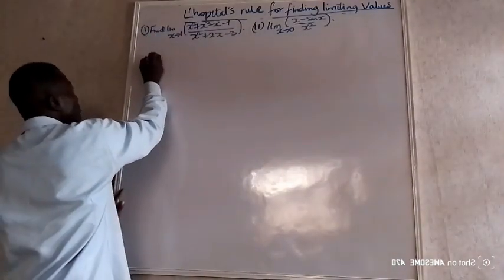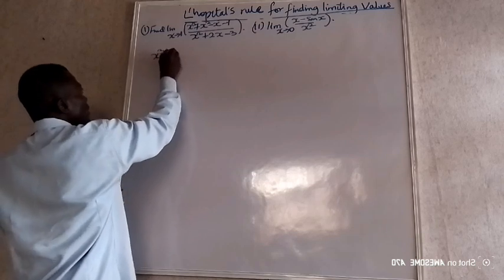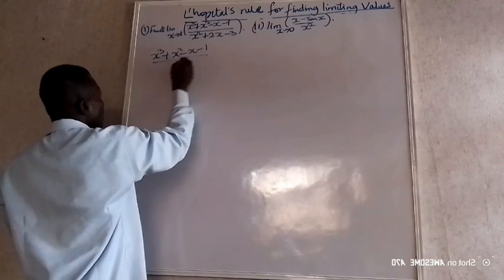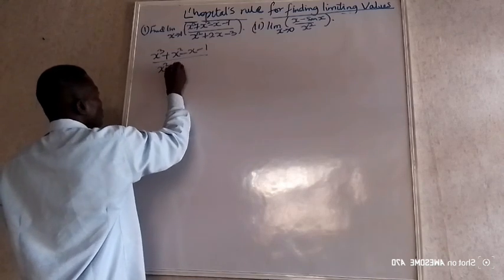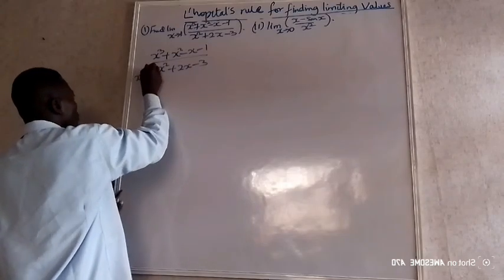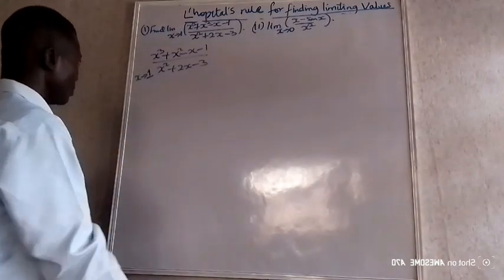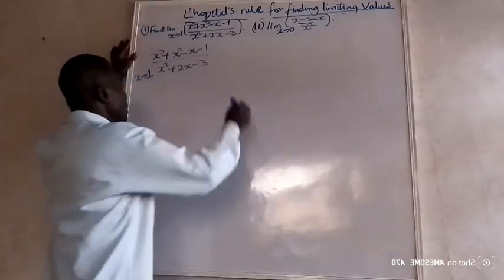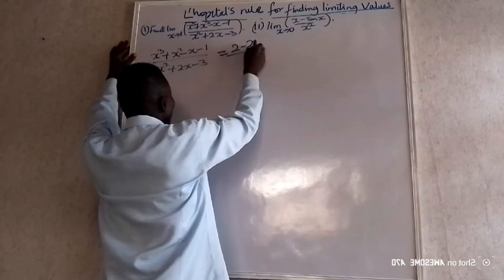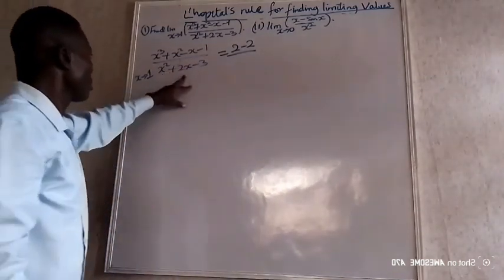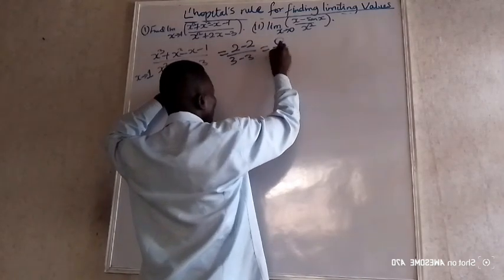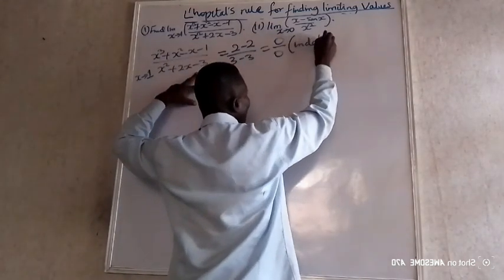So the first one, if I put 1 in this place, it's going to give me 1 plus 1, 2 minus 2 divided by 1 plus 2, that is 3 minus 3, which is 0 over 0. So that is indeterminate.